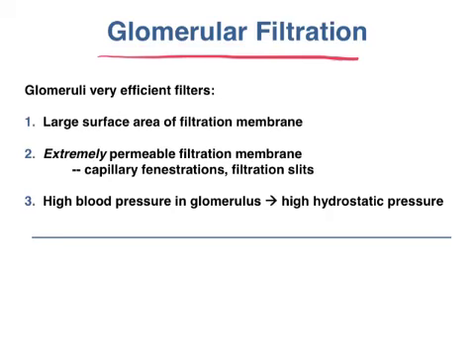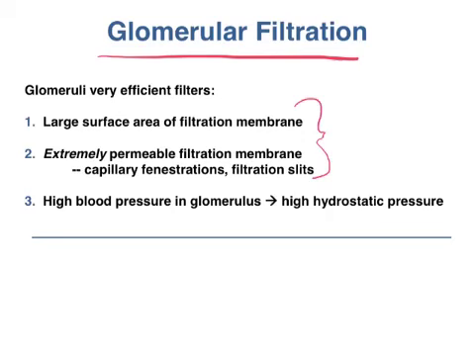Glomerular filtration depends on the filtration membrane. Remember, the filtration membrane is the barrier to filtration. A couple of characteristics of the filtration membrane make the glomeruli very efficient at producing filtrate. There's a very large surface area, so basically there's lots of holes, lots of filtration slits and fenestrations for plasma to pass through.